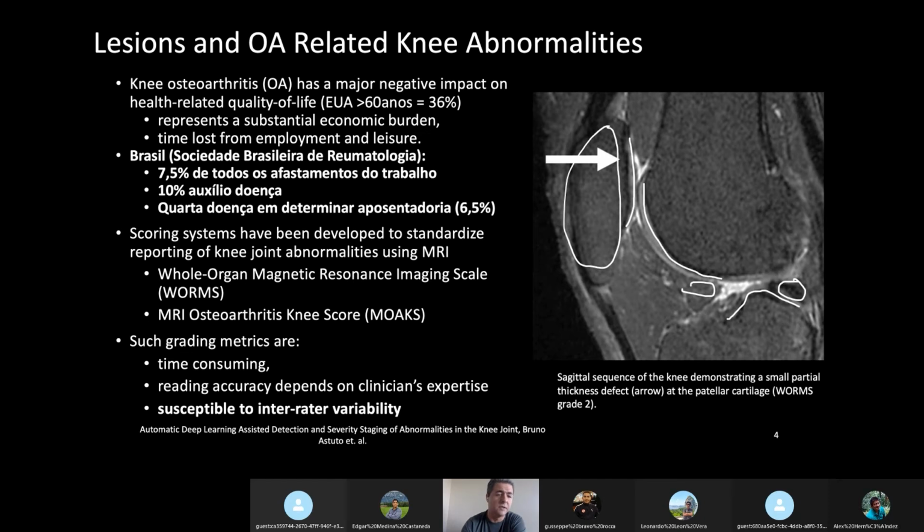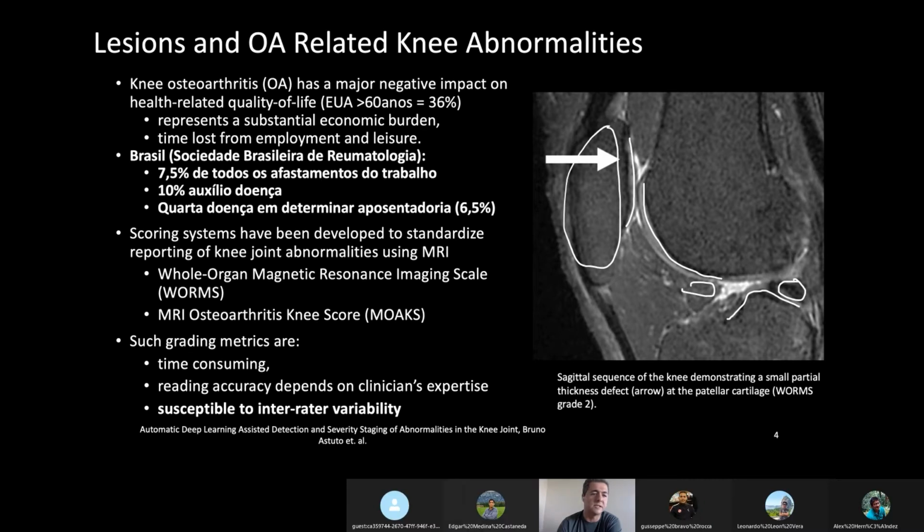Here's a statistic in Brazil, according to Sociedade Brasileira de Reumatologia: almost 8% of work-related time off is because of knee osteoarthritis, and it's 10% of the auxílio doença. I don't know how to say that in English.